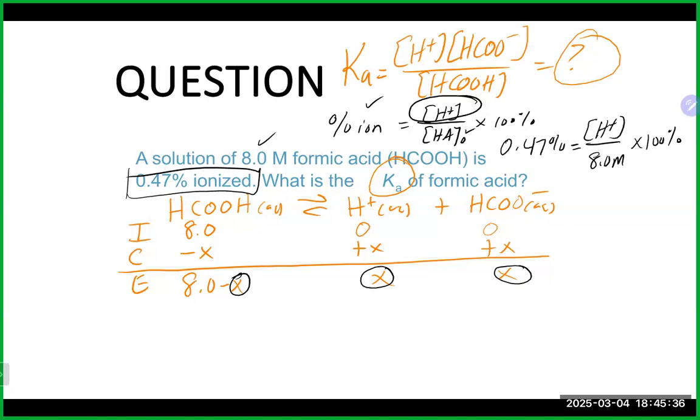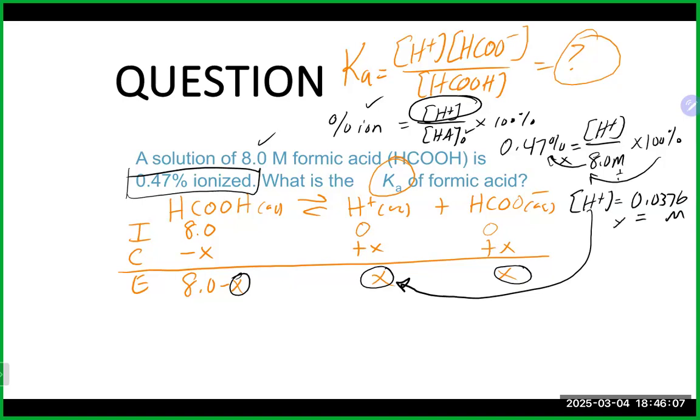So 0.47 times 8 divided by 100 gives us an H plus concentration of 0.0376 molar. That is the equilibrium concentration, basically, of H plus, which obviously, as we just talked about a second ago, that's going to be my X value.